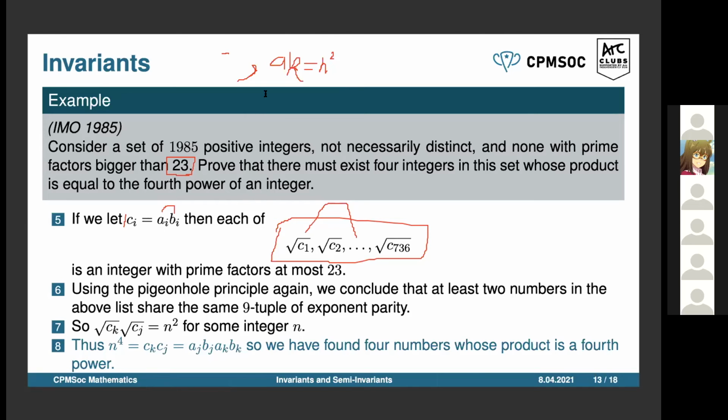And again, you can use the pigeonhole principle to get the square root of something times the square root of something equals a perfect square. And if you square both sides and replace the C's with the corresponding AKs and BJs, you'll eventually get a 4th power that is a product of some 4 numbers in the set. So yeah, we found 4 numbers whose product is a 4th power. So that concludes the proof.